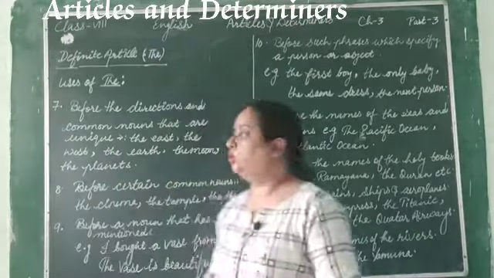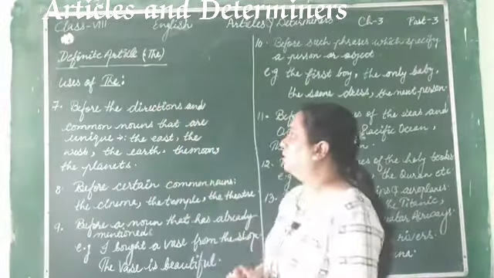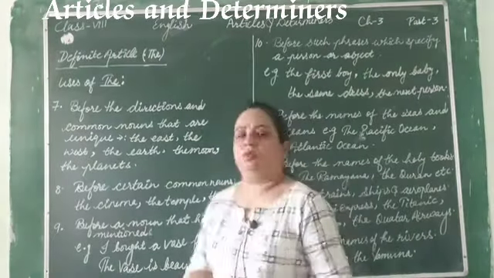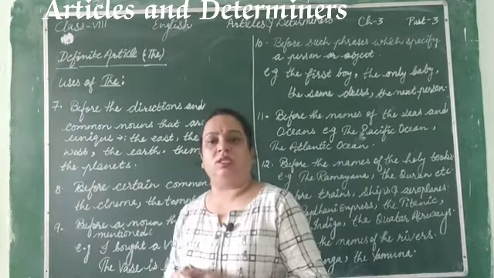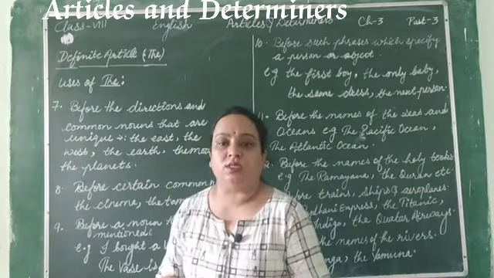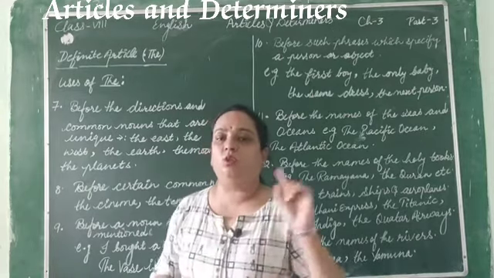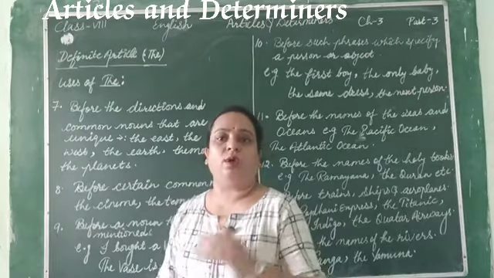Now the next one, rule number 7, and here also we will learn uses of the. Before the directions and the common nouns that are unique, right? Like I am going towards the east. The sun rises from the east, right? So before the names of the directions, you will not use a, you will not use an. What you have to attach with that?